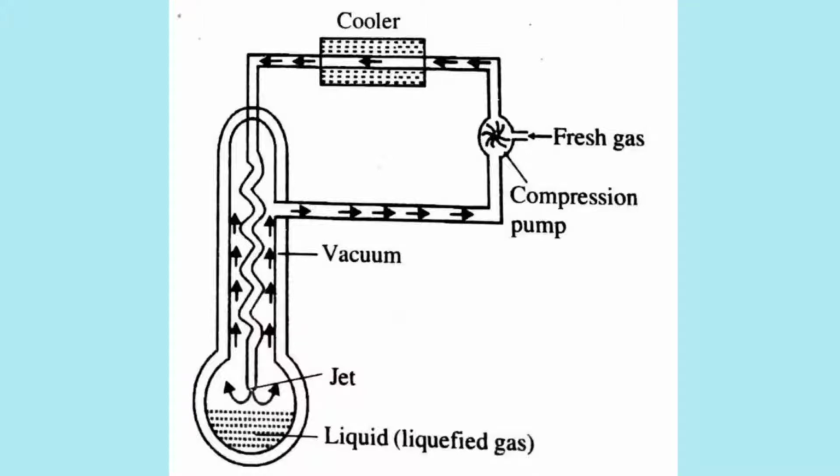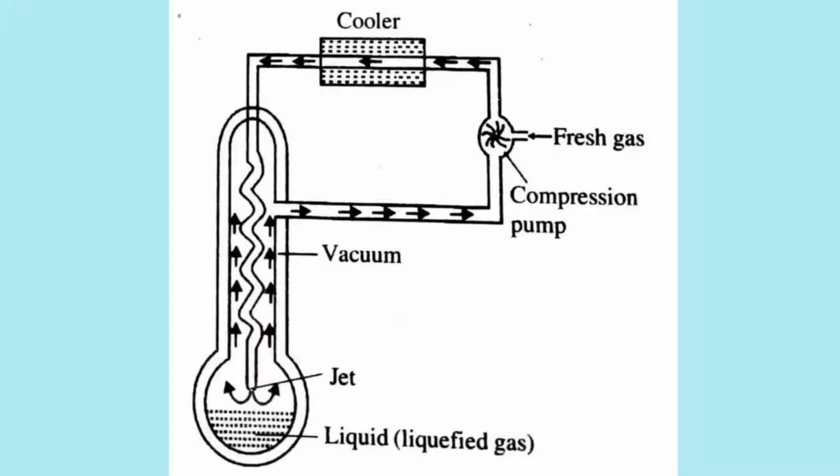Firstly, the pure, fresh gas enters through an inlet to the compression pump, where the gas is compressed to about 200 atmospheres and passed through a water-cooled pipe to remove the heat of compression.